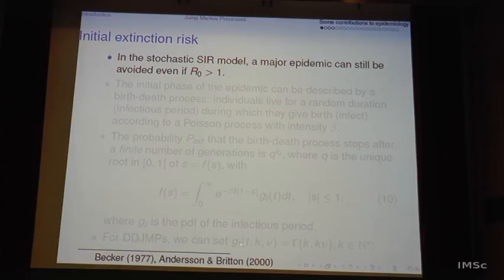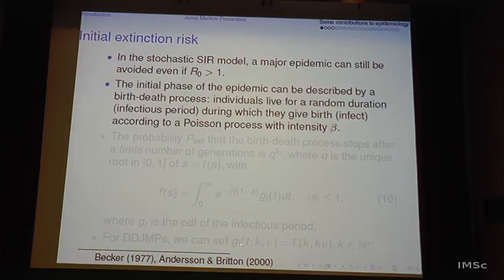Actually, in a stochastic model, even when R0 is greater than 1, you might not necessarily have a major epidemic. The idea is that the initial phase of the epidemic can be described by a birth-death process. So imagine that you have a big population, with a lot of susceptible individuals, and you just introduce one infectious individual.